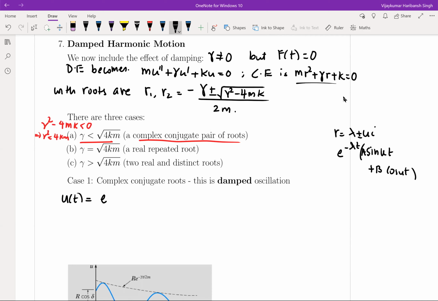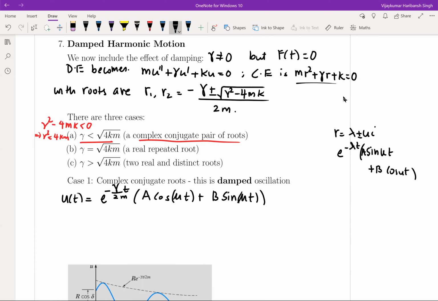So what is the solution going to look like? e to the power minus gamma by 2m t times (a cos of mu t plus b sine of mu t). Now what is my mu?